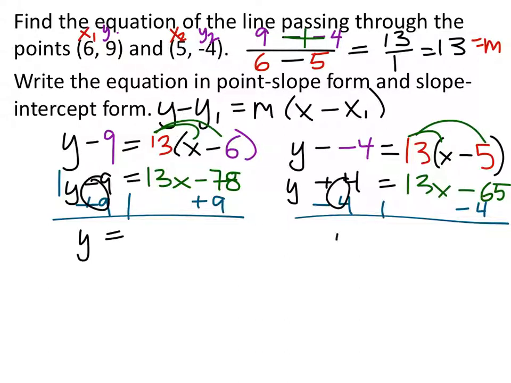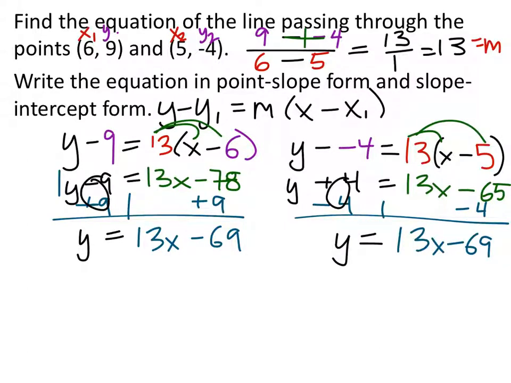Same with this one, so it's y equals some stuff. Hey, that looks pretty good to me. We got the same answer no matter which point we used, because the slope is the same and it's a straight line. That's how it's supposed to work, okay? Of course, you don't have to do it twice on an exam or anything, but it's a good way to confirm that you've done it correctly.